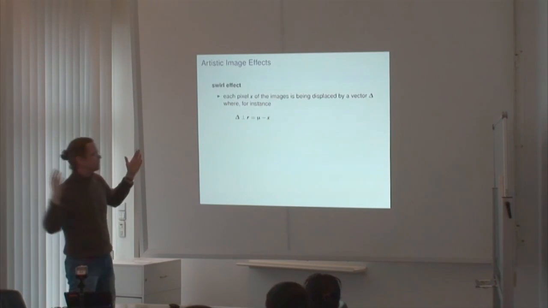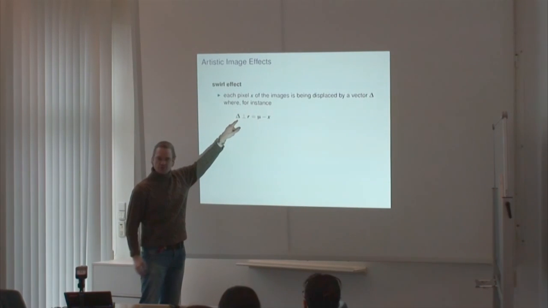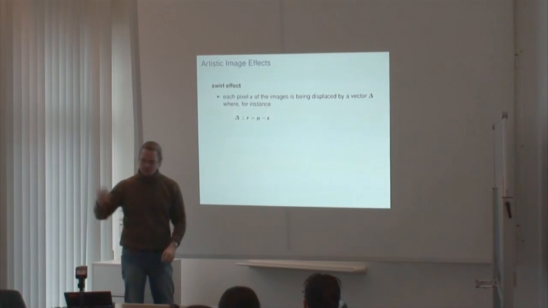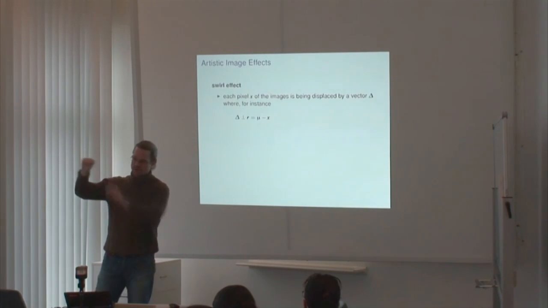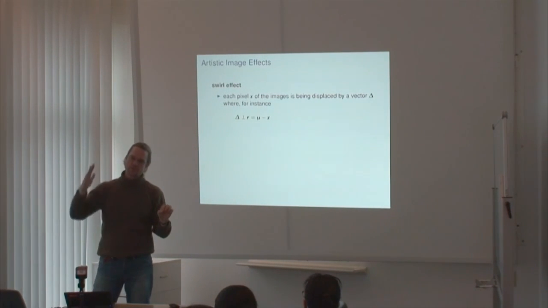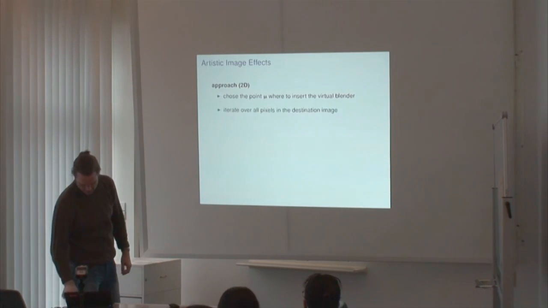Does not have to be orthogonal, but for instance, we are interested in a walk function delta that is not along the direction from where we are right now towards the center, but perpendicular to that.